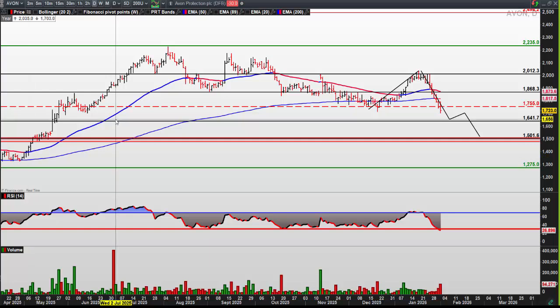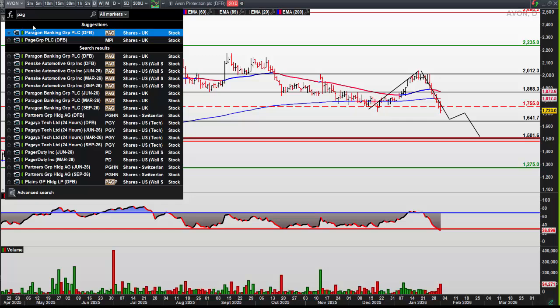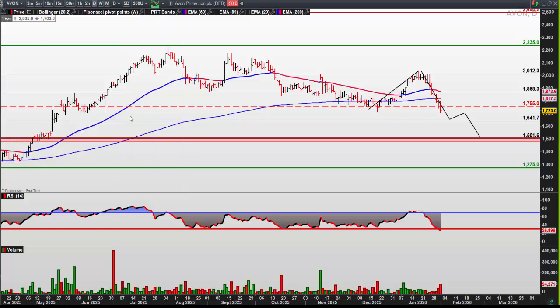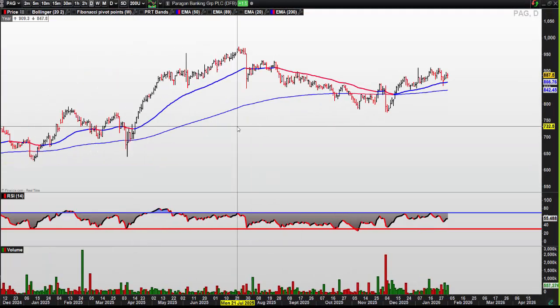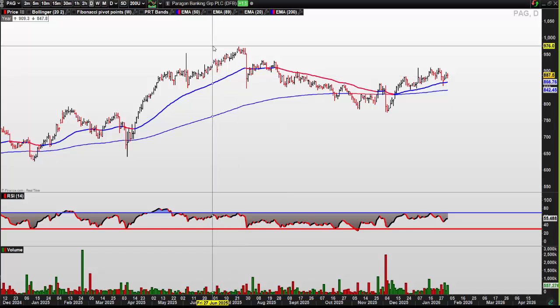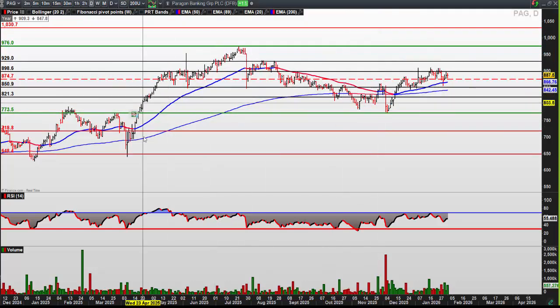Right, I want to look at your PAG. I forgot, that's PAG, I recognise that symbol. Paragon Banking. Interesting stock. The first thing that catches my eye is the volume that is healthy. We've got a lot of resistance up there just ahead of us.